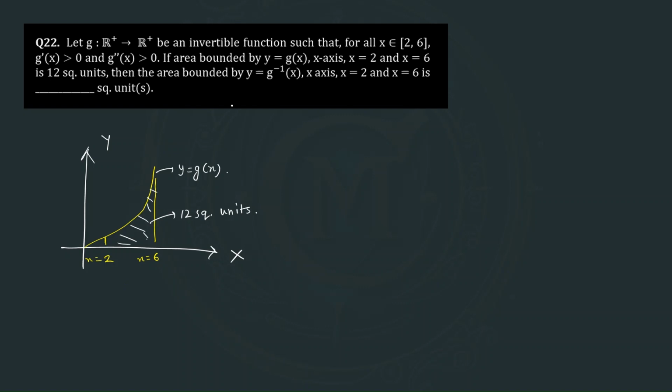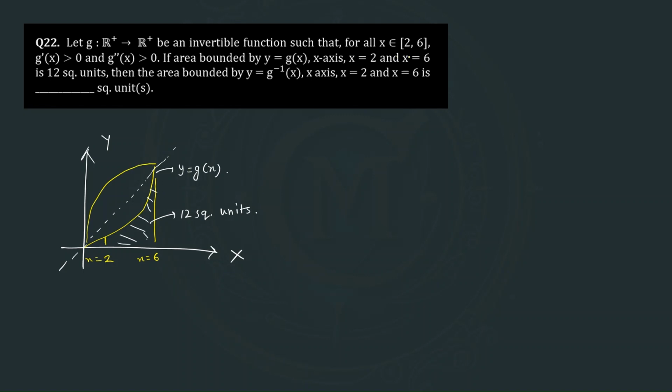Now, how to find the function g inverse x? We know that the inverse of a function is basically the reflection about y equal to x. So g inverse x will look something like this, the mirror image of this function.